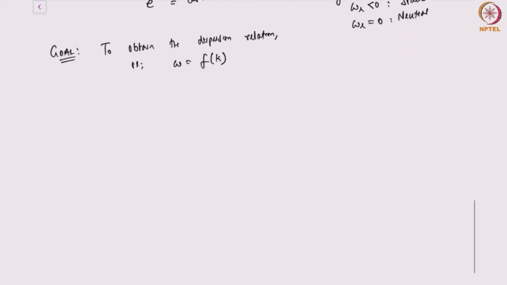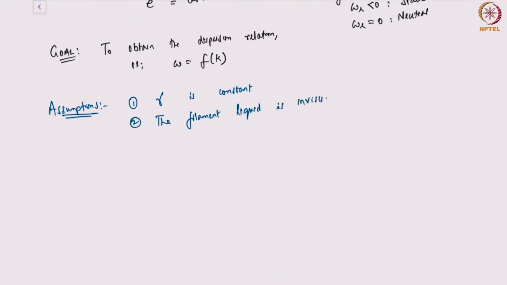So now we'll make a bunch of assumptions. Gamma is constant. The filament liquid is inviscid, which means that viscosity plays no role at all.